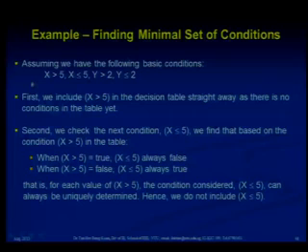So we consider them one by one. Assuming that we list them in this order, we will consider this one first: x greater than 5. Since there is no condition in the decision table yet, it is empty at first, there is no way to derive the value of x greater than 5 from any conditions included in the decision table.